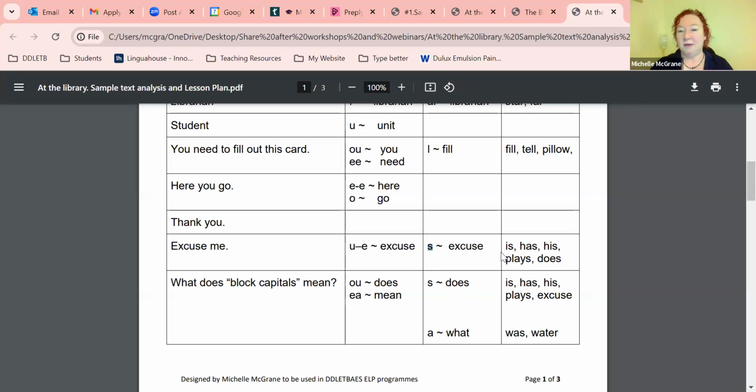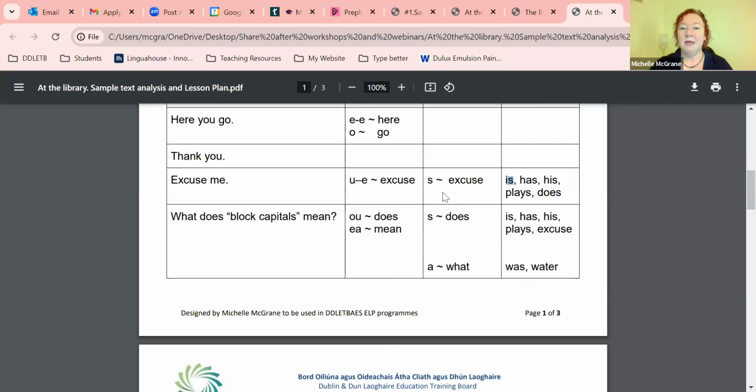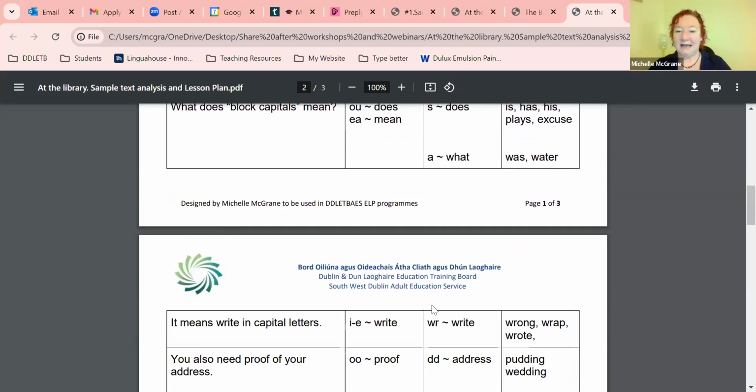So we have excuse, and then we look at some other words that also have this as a spelling for the sound z, like has, his, plays, does, and so on. Equally, we look at this as a spelling for the sound ah, explaining that usually it's a spelling for one sound, but sometimes it's a spelling for the sound ah.